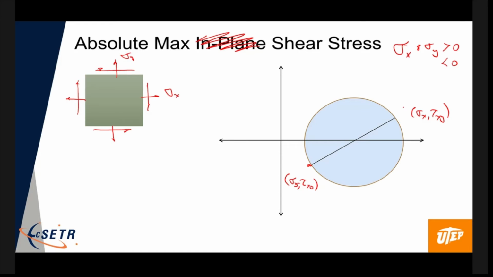All right, you might be tempted to say, okay, fine, this value here is the maximum shear stress. Well, that is the maximum in-plane shear stress, but there actually is another set of Mohr's circle. And this has to do with the fact that there is also stress transformation coming in and out of the board.